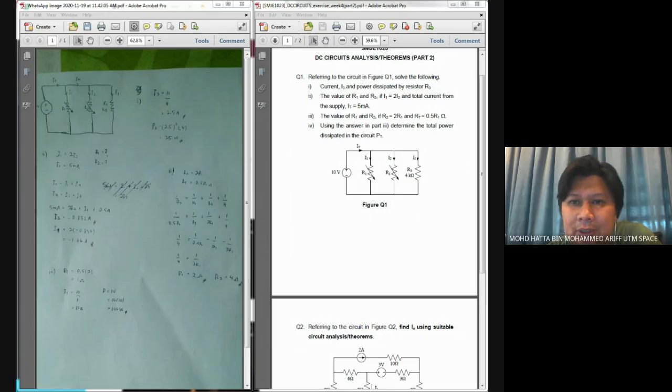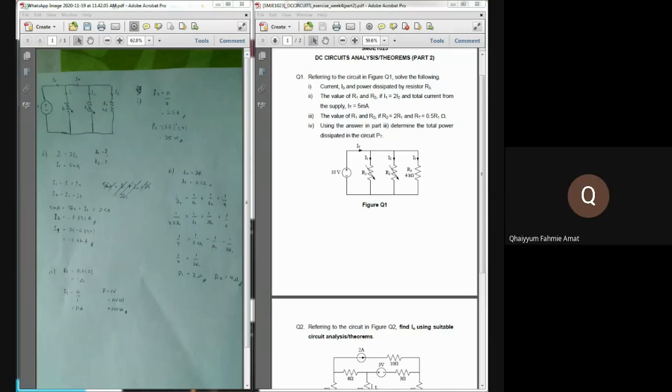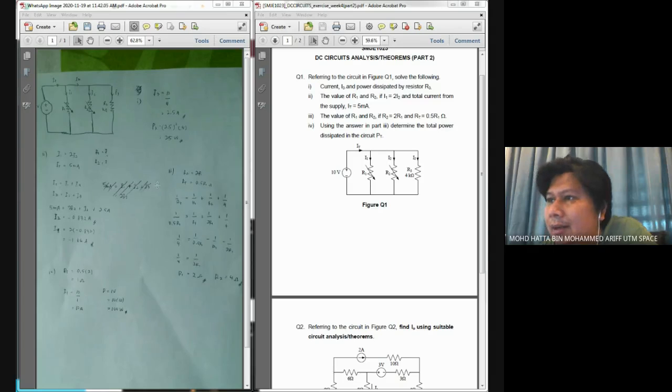Can you see my screen that I shared here? And the answer from Mohimin. Can you see it? Okay, cool. Can you see the first question? Roman number 1.